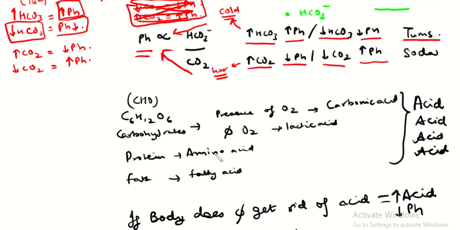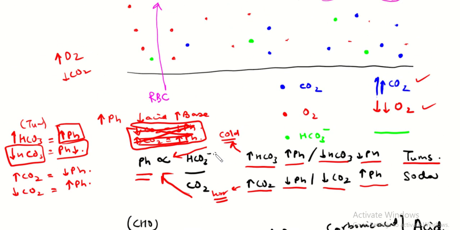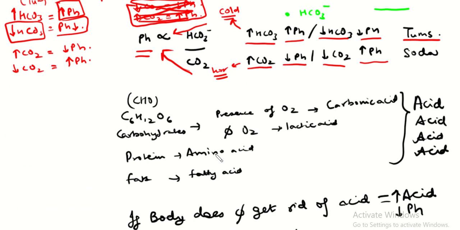Now, that's some basics of how it works in the blood. Now, what happens on the cell level? So let's take a peek at it. And why does this matter? Why am I studying this? So let's say I eat some carbohydrates, right? So carbohydrate is glucose, C6H12O6.